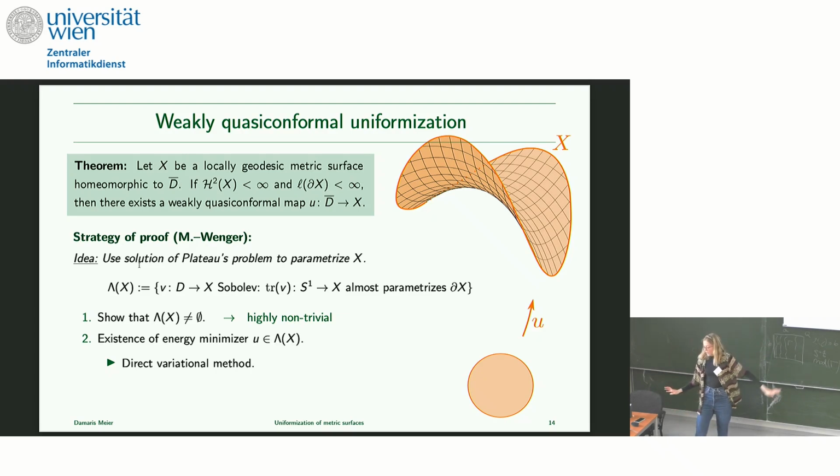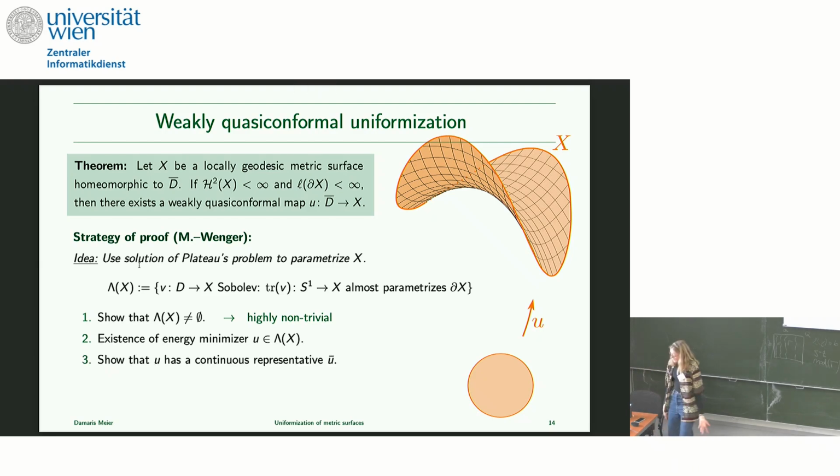That's a quite standard method. And then, once we have an energy minimizer, we want to show that it has a continuous representative. This is because it's energy minimizing, it has to have some further regularity properties. It's crucial that it minimizes the energy.